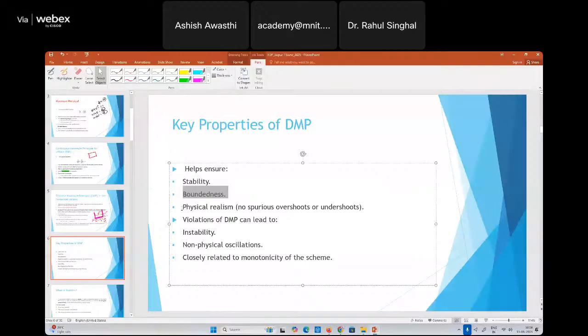Suppose any numerical system is not following the DMP, what will happen? It may lead to instability, it may lead to non-physical oscillations, and so on, isn't it? So please note that this is again one-way traffic.